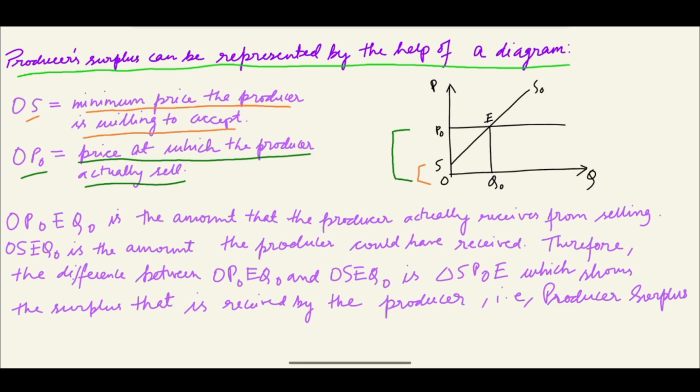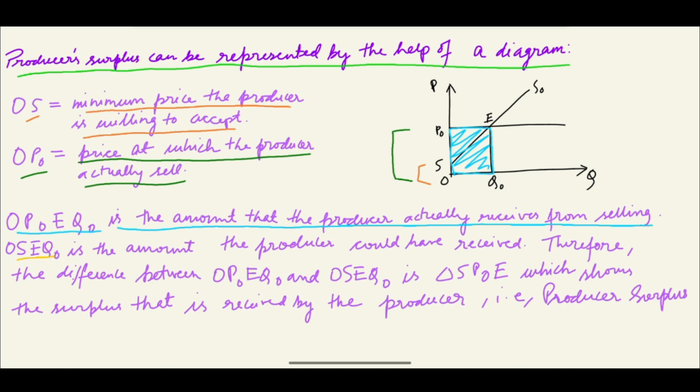First, we have OP0EQ0, which is represented by the blue shaded area. It shows the amount that the producers actually receive from selling the commodity.